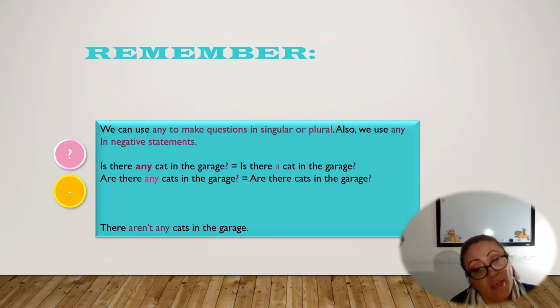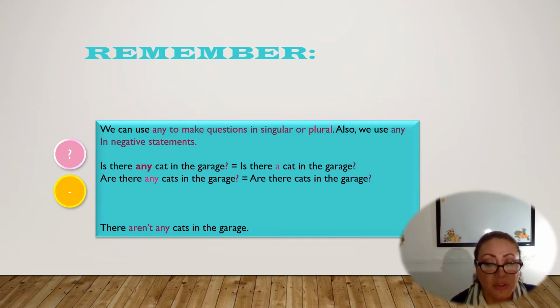Is there any cat in the garage? You want to know if you have one cat in the garage. Is there any cat in the garage? Is the same as, is there a cat in the garage?